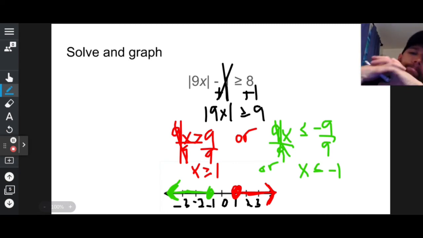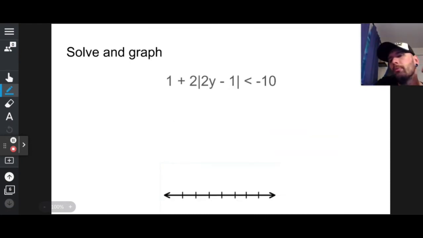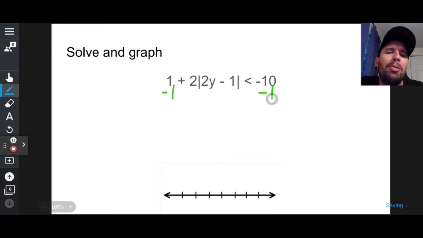Okay. I think I have one more. Stuff to do before I even consider splitting things up. I'm going to subtract 1 from both sides. That gives me 2 divided... Oh, great. I gave myself fractions. Oh, well.